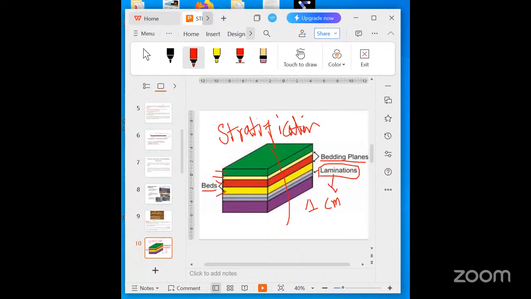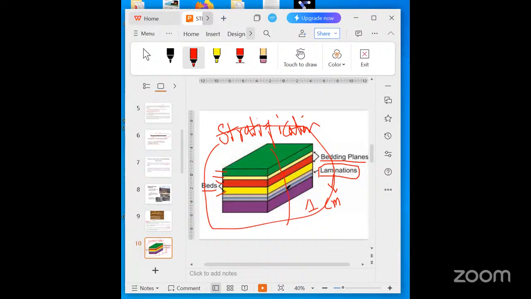You see this figure, a total figure is stratification with numerous beds, bedding planes, and lamination, right? So this is called stratification. The bedding planes are found in sedimentary rocks, where the layering is developed.